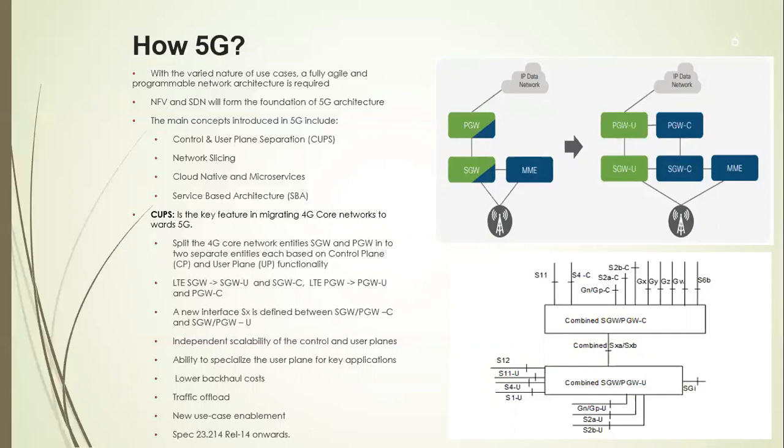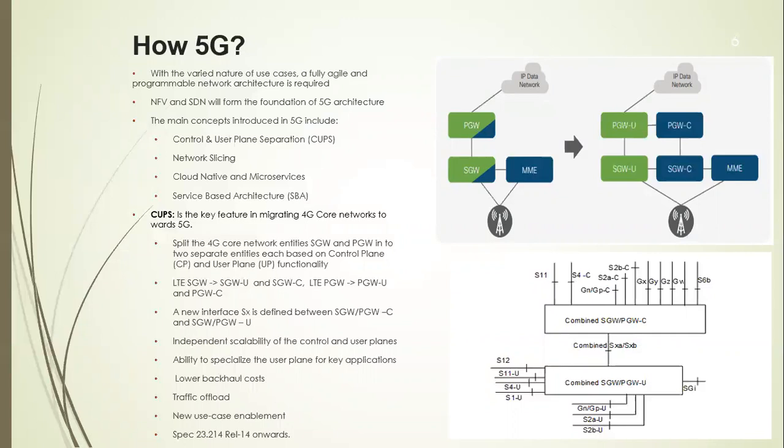What is this control and user plane separation? Why do we need this? If you remember the legacy 4G network architecture, we mainly have MME, S gateway and P gateway in the LTE core, right? All three entities have both control and user planes together, co-located.